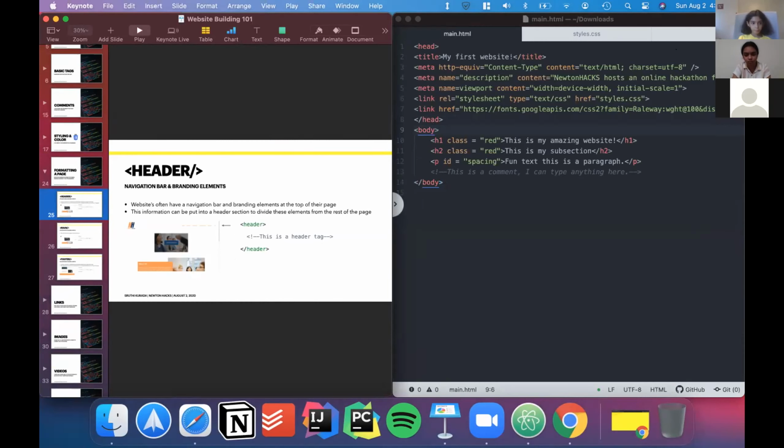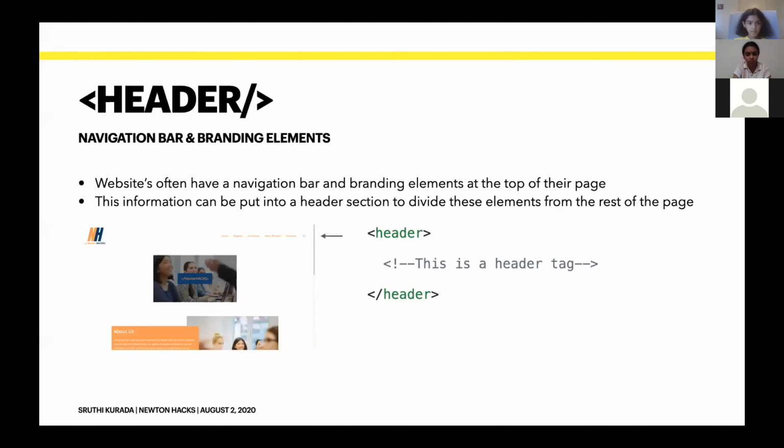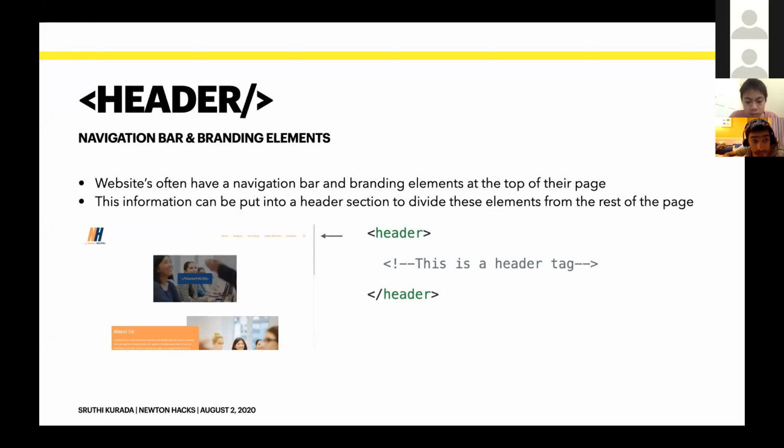So maybe if I show you the slide, you can actually see in the Newton Hacks website itself, they have a navigation bar in the top. And they probably want to keep that navigation bar HTML code separate from the rest of the body page, just so it doesn't get too much styling going all at once, because that can be really hard to manage.